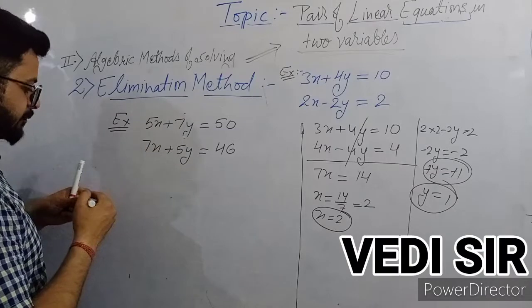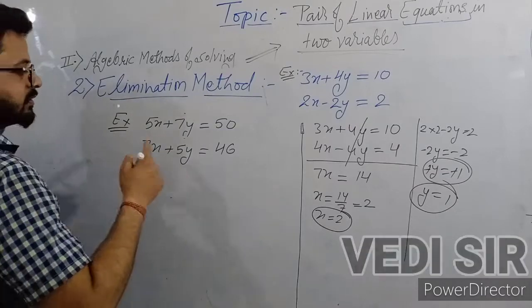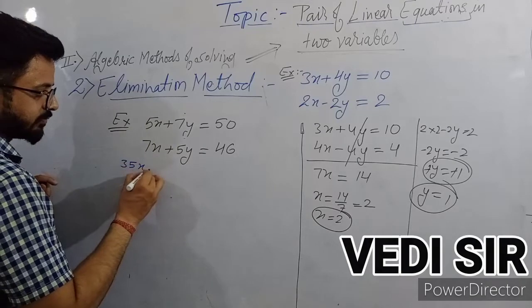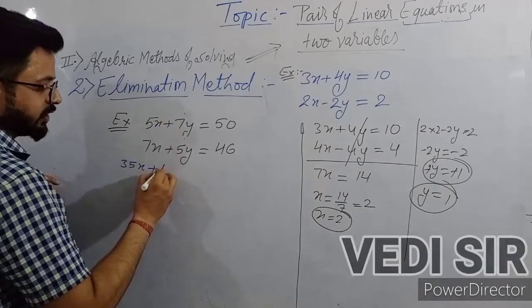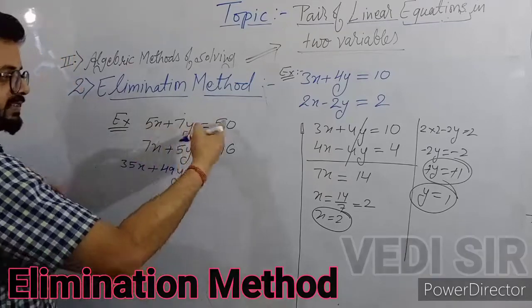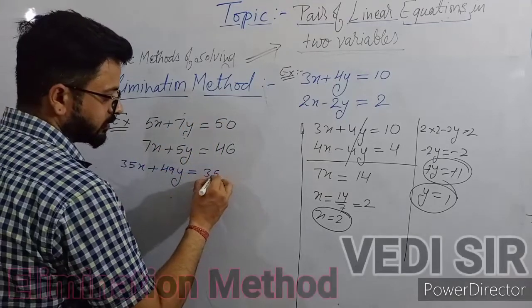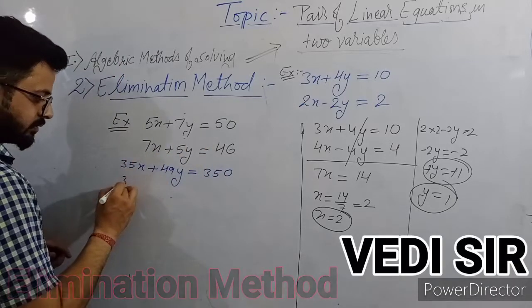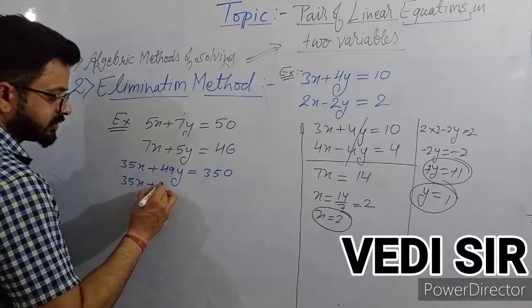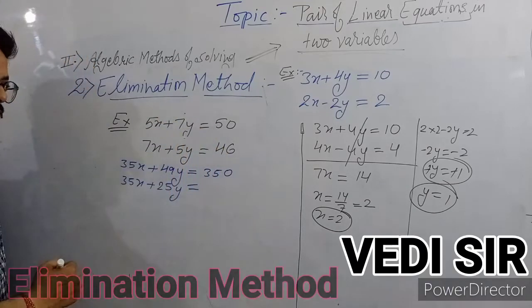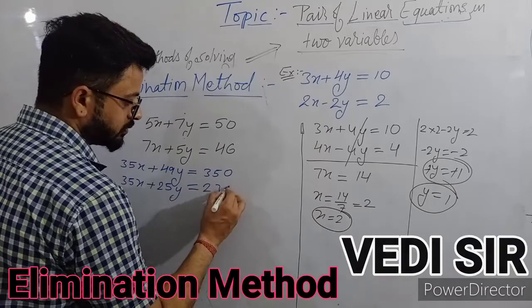So the complete equation I am going to multiply with 7. So 7 times 5 is 35x plus 7 times 7 is 49y is equal to, by 7, 350. Now this equation by 5, 35x plus 25y is equal to, by 5 we are multiplying, 230.